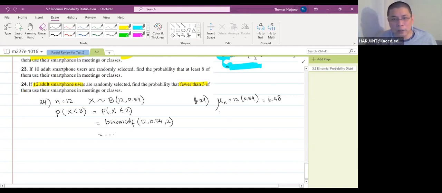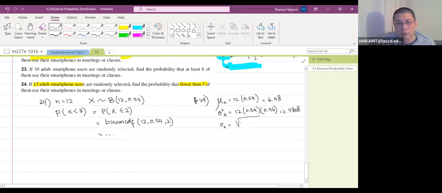And the variance is N times P times Q, which is 2.9808. Now, the standard deviation, therefore, is the square root of that number. That gives me 1.72650.